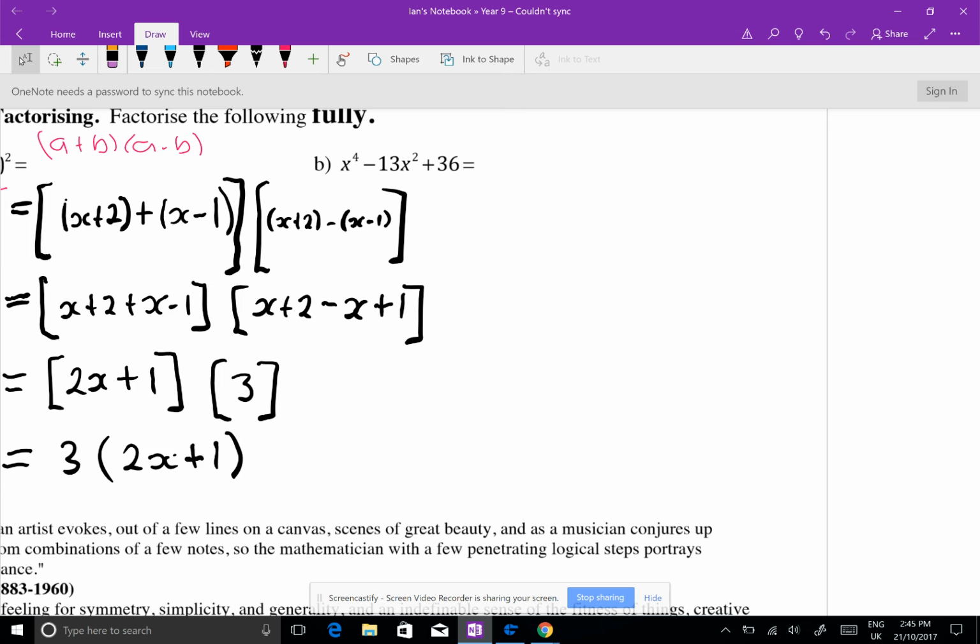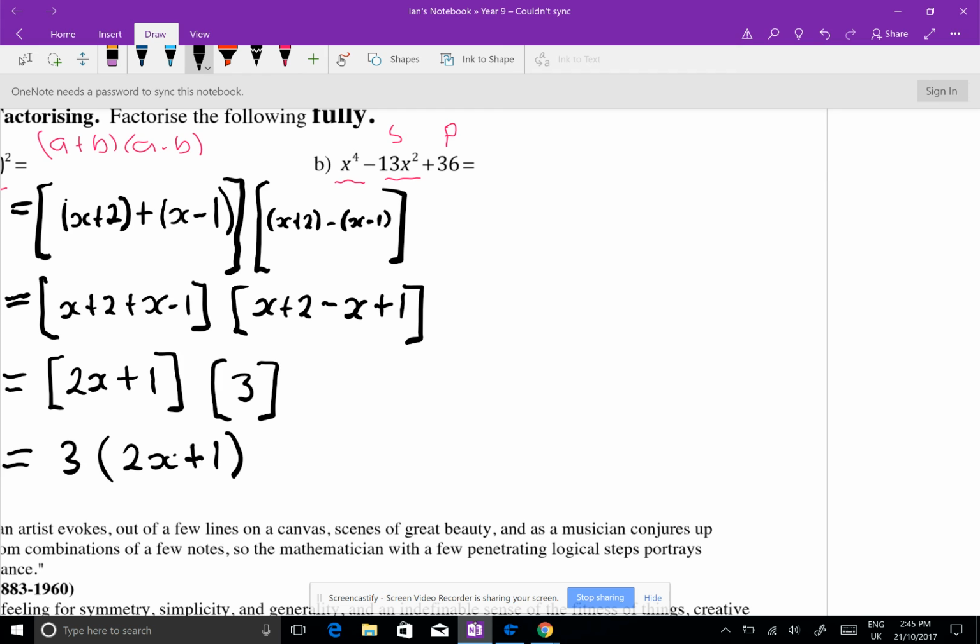Now, this next one. This x to the 4 makes it look a lot harder. But it's not really. It's the same thing as I was doing before, except it's got a higher power now. So I need to find something that multiplies out to 36 as a product and a sum of 13.